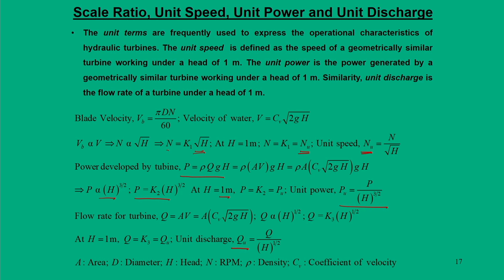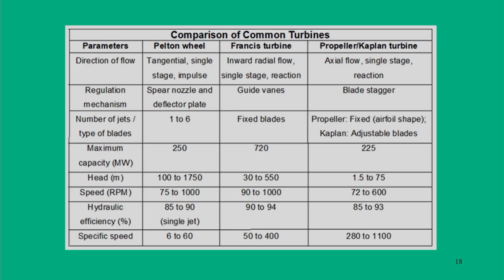So, these parameters are mainly required when you discuss the model as well as the prototypes. Whatever we have discussed so far, the complete comparison of the turbines based on these specific parameters, Pelton wheel, Francis, propeller and Kaplan turbines, is presented here.